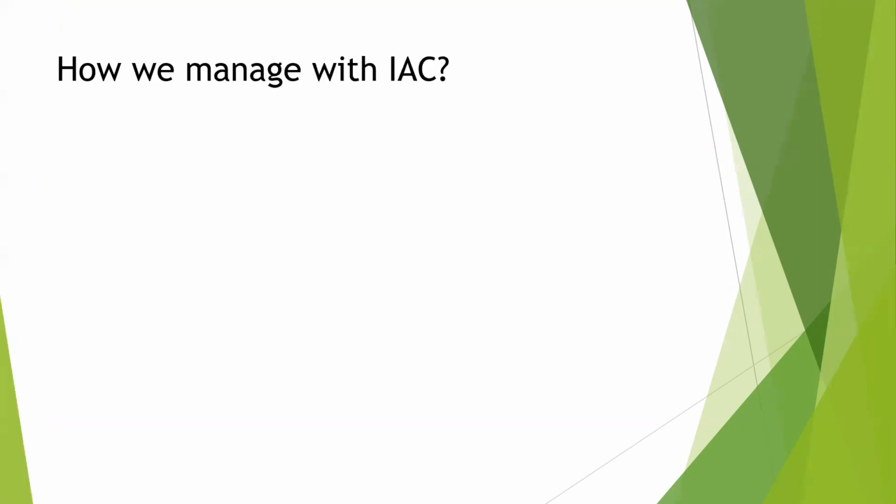First of all, we have to understand how we managed things and what the use of IAC is, so that we can go for the advantages. In the traditional way, we had different environments like QA, production, pre-production, and development.